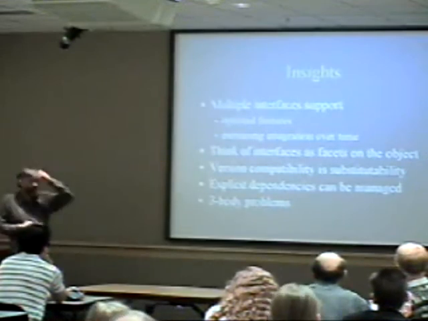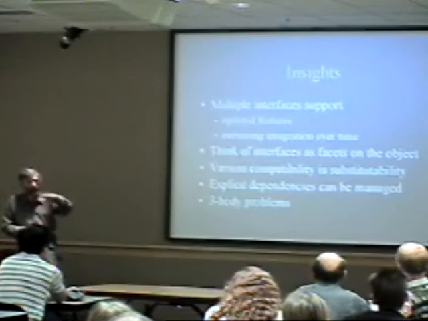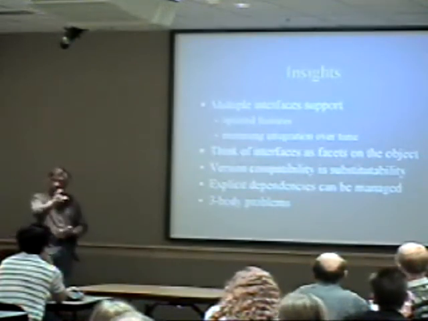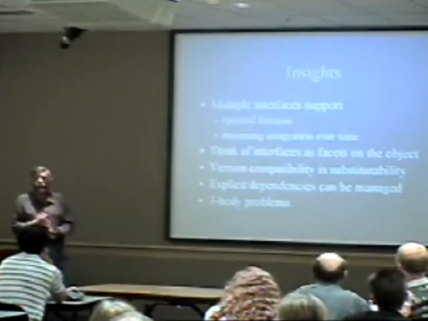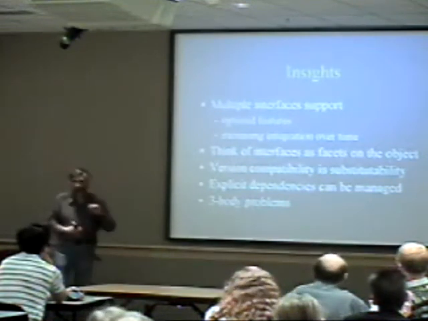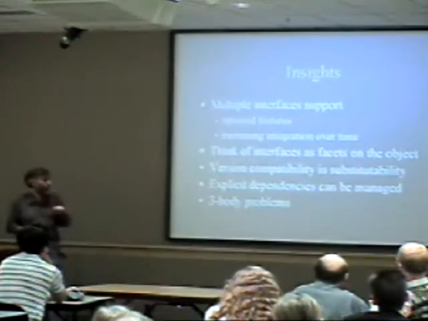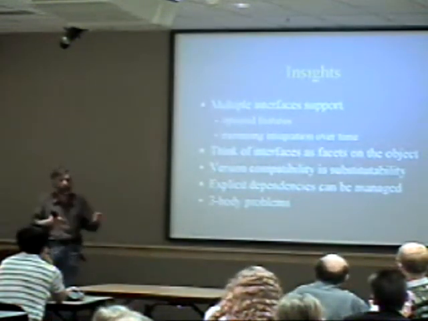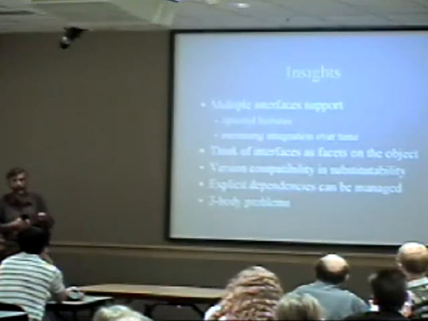I came up with this notion that if I think of this object as having multiple facets, and each facet is an interface, then QueryInterface is the operation that rotates it, so I'm looking at it slightly differently. I also observed during this phase that version compatibility is the same problem as substitutability of independent implementations, because it's the substitutability that matters, not what the implementation is.